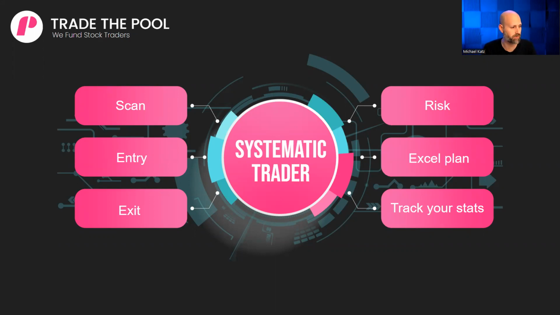And of course, for those of you who know a little bit of programming, you can definitely write code for that. Most trading platforms have the ability to connect with an API, and that could be very easily planned. Another benefit of being a systematic trader is that you can track your stats. You can have the data of the trades that you made and see exactly which system works better for you.